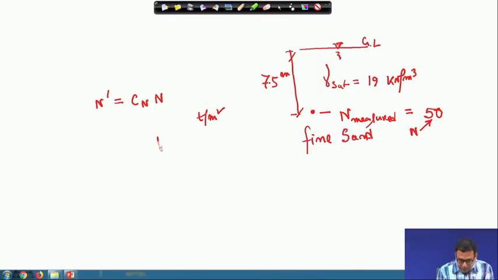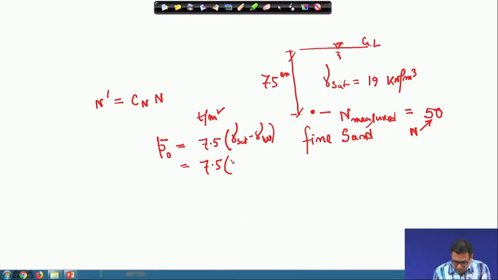But P0 dash here is for fully saturated soil, so it will be 7.5 into gamma sat minus gamma w, the unit weight of water.